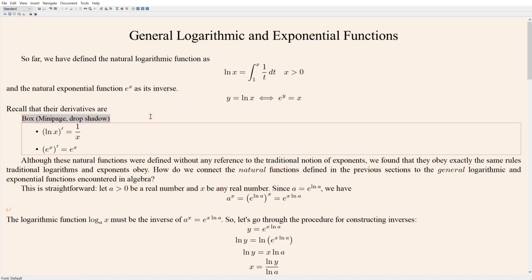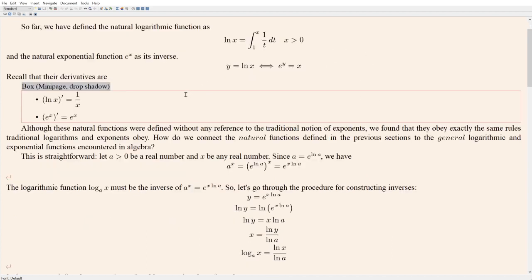In any case, part of what I want to explicate in this section is the actual connection between the natural exponential function, which comes from calculus, comes from this esoteric definition, and the traditional notion of exponentiation that you remember from elementary school, because the two are, of course, connected. If they weren't, then we wouldn't be calling these exponentials.